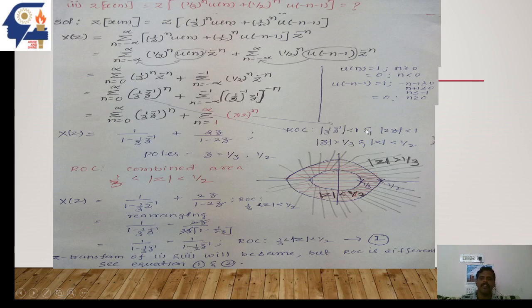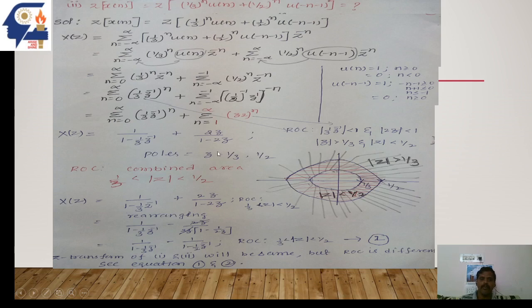I am using the 'and' symbol because that is a plus. Whenever it is a plus, we use 'and', otherwise intersection. From this, writing z inverse as 1 by z and sending z to the right side, you get mod z greater than 1/3 and mod z less than 1/2. This is the combined area.